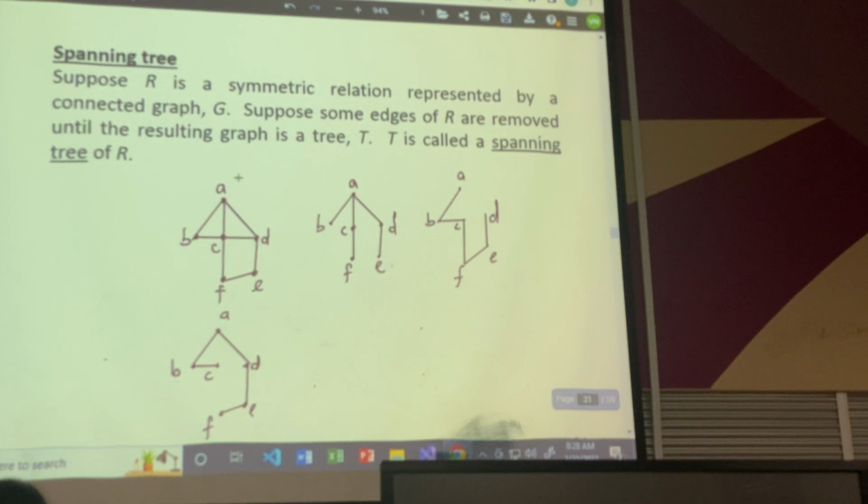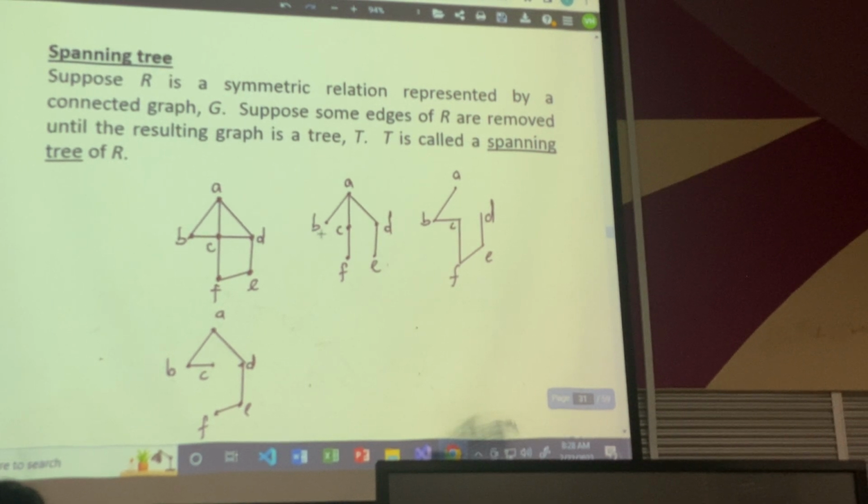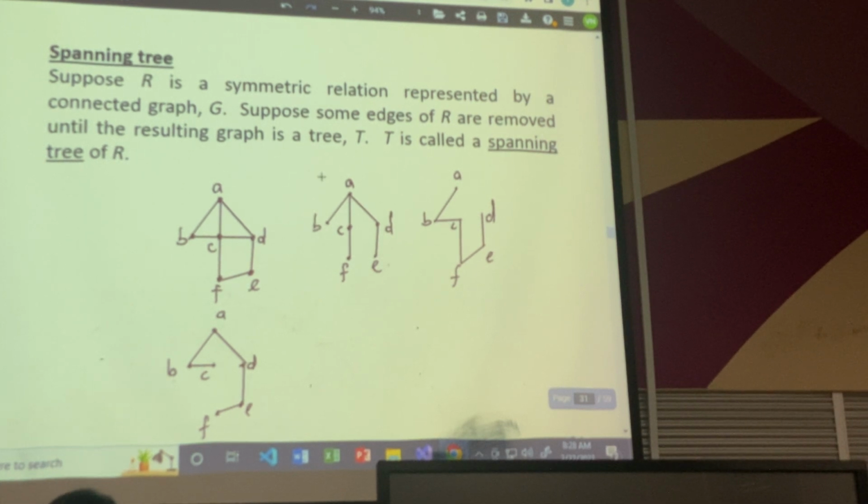Correct? Okay? You can think of the different ways by removing 3 of the edges here in order to get it acyclic and all the vertices connected. So this type of tree, we call it a spanning tree.